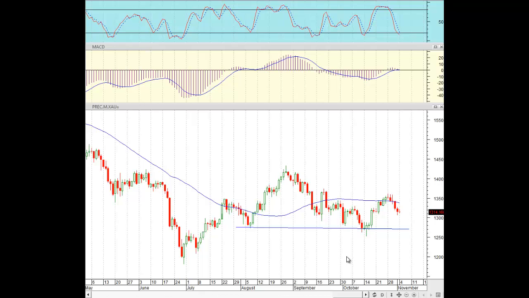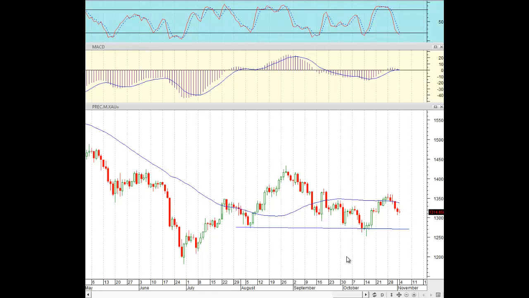And my only problem with that is that a head and shoulders topping pattern, which you would expect to break to the downside, is most effective at the top of an uptrend. And here we are seeing the head and shoulders formation at the bottom of a downtrend. So it would be, if anything, a continuation pattern.